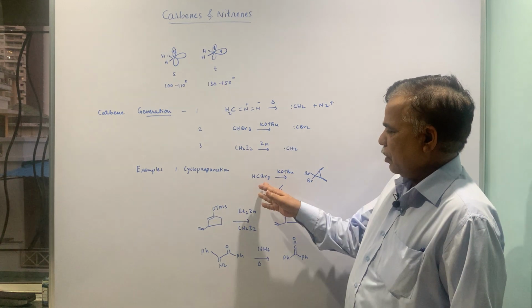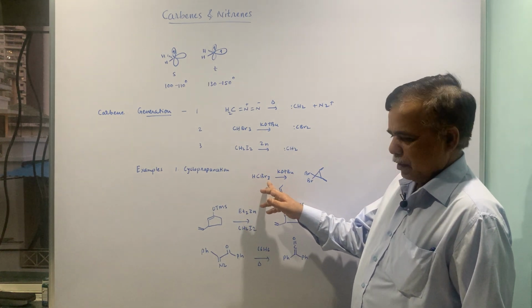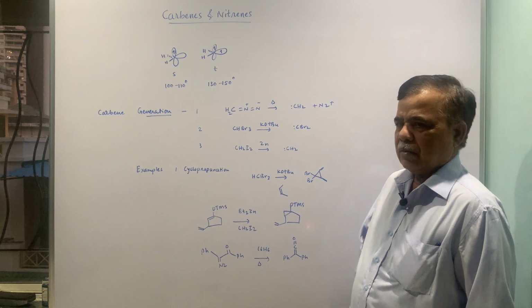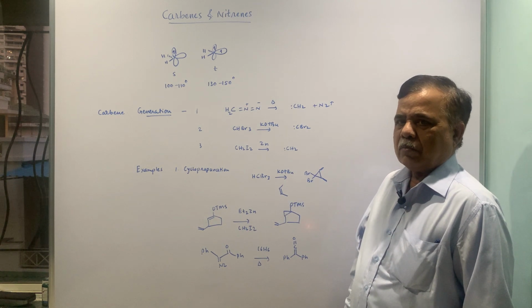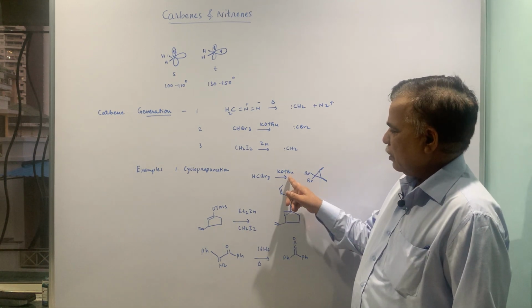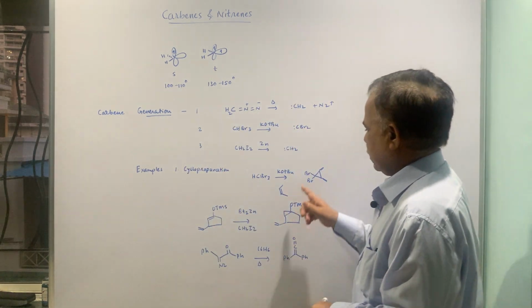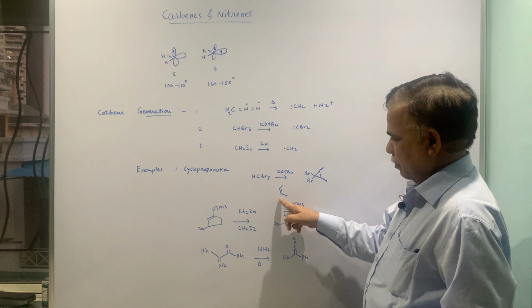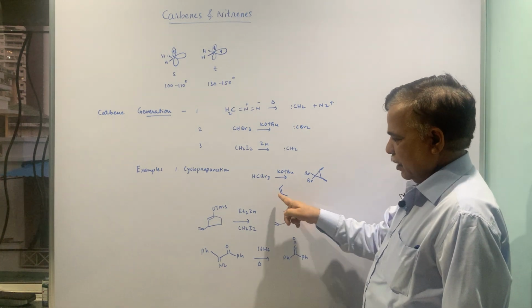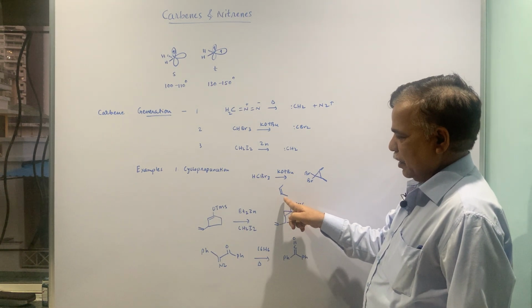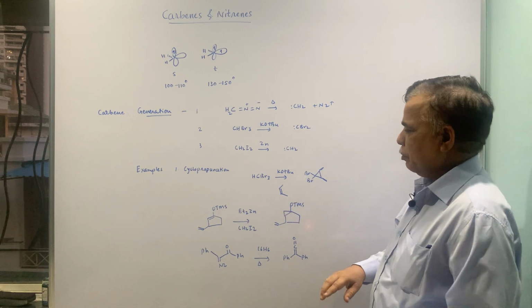So first of all, this one, CHBr3, bromoform, is treated with potassium tertiary butoxide, and you get the bromocarbene, which can be trapped in situ with cis-2-butene.